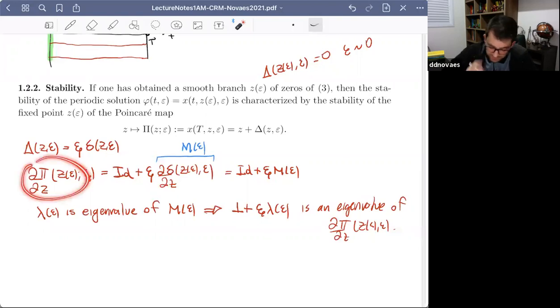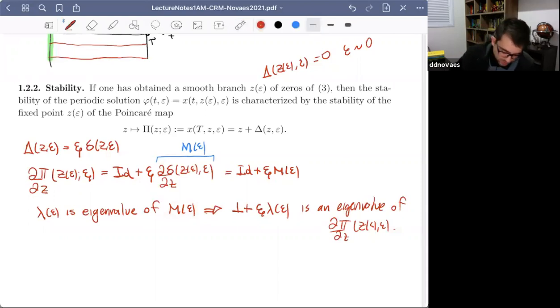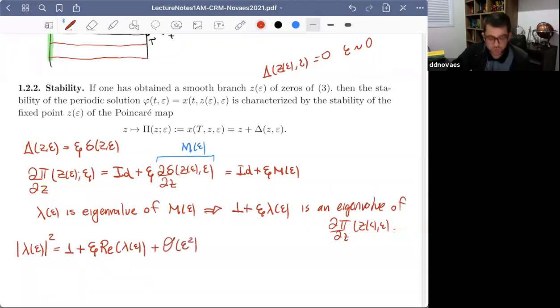But if we have the eigenvalues of the matrix M, then we can do the same characterization by looking at the eigenvalues of M(epsilon). Why? Because the modulus of lambda squared is 1 plus epsilon times the real part of lambda(epsilon) plus order epsilon squared.